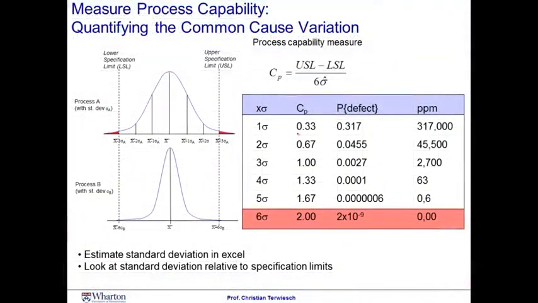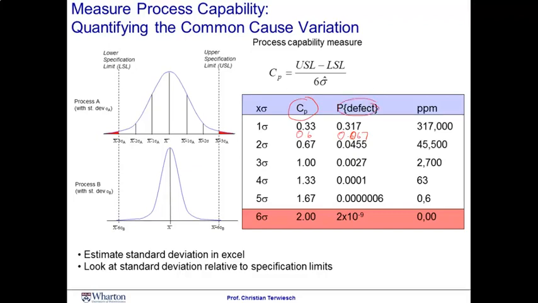So you notice that a capability score of around 0.6, as we just saw in the M&M example, equates to a defect probability of around 0.067, or put differently, 67,000 defects in 1,000,000 parts. Now in this table we show the relationship between the capability score and defect probabilities.